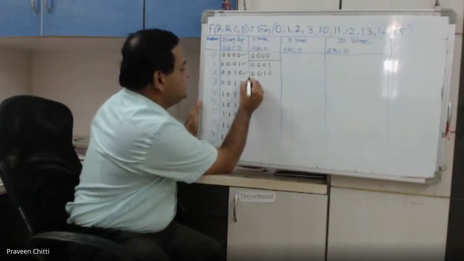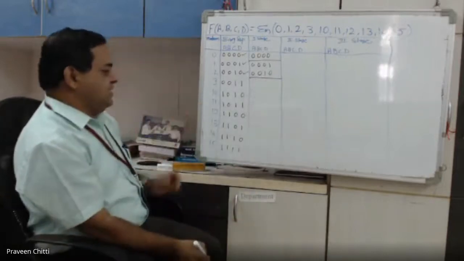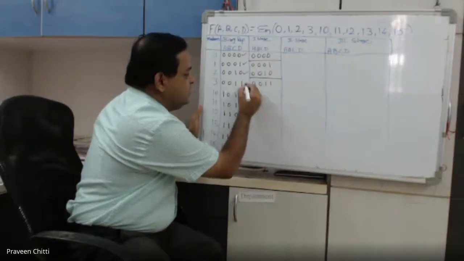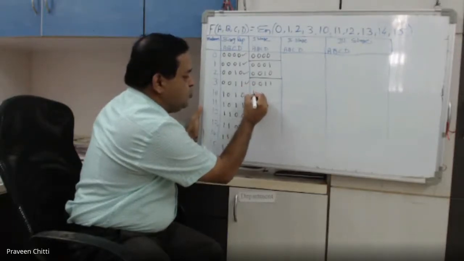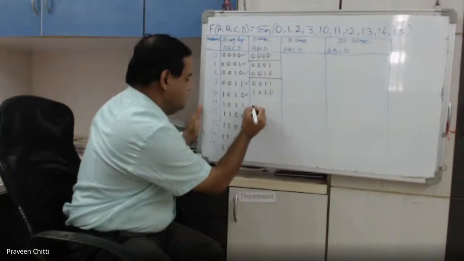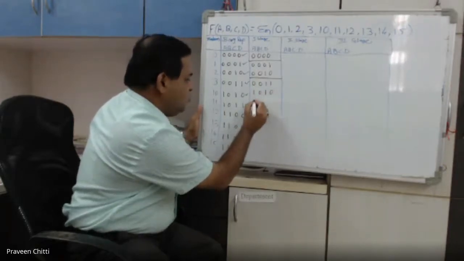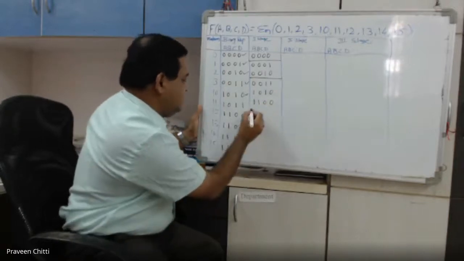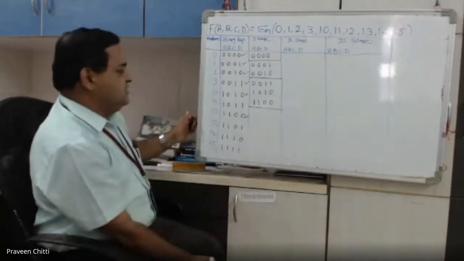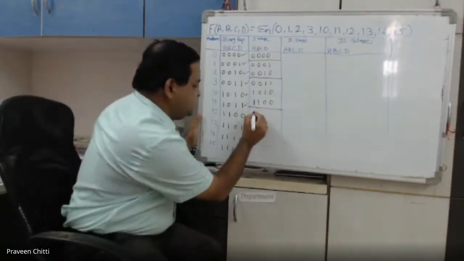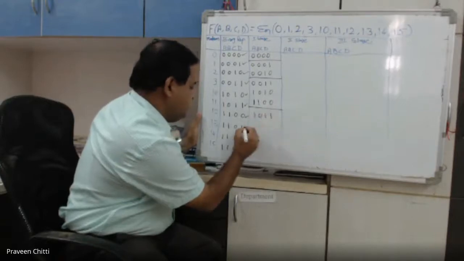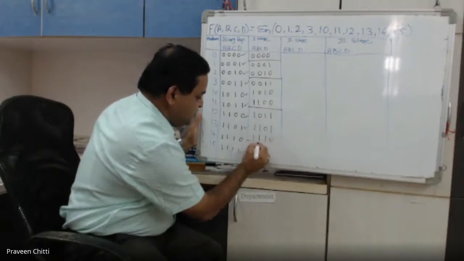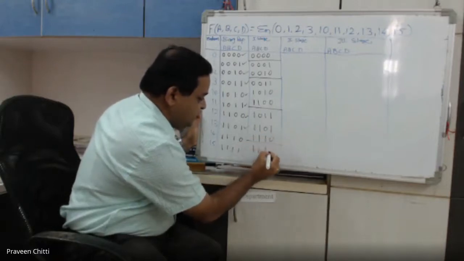There are only 2 with a single one. Then you go for 2 ones: 0, 0, 1, 1, then 1, 0, 1, 0, then 1, 1, 0, 0. That's all. Then 3 ones: 1, 0, 1, 1, 1, 1, 0, 1, 1, 1, 1, 0. And lastly, 4 ones.